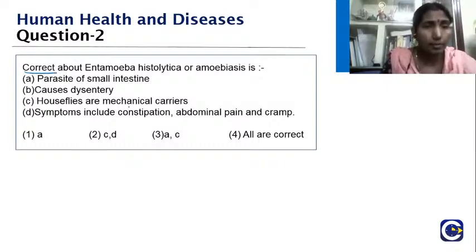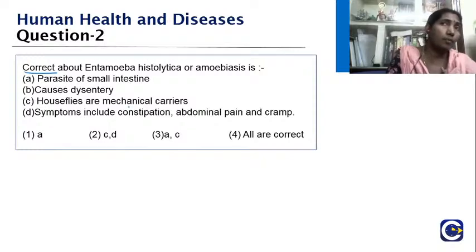What are the correct statements? I hope you have heard about amoebiasis, which we call traveler's diarrhea or dysentery. It is mainly caused by Entamoeba histolytica. This parasite enters through contaminated food and water by the fecal-oral route and brings about this disease.